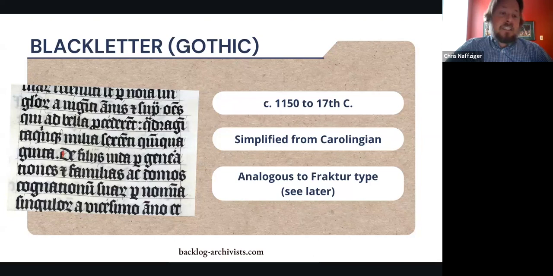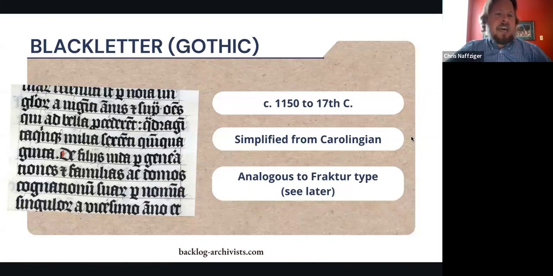So this was basically designed for the use of a quill pen and would be very easy to write very quickly. Now, this is written in Latin, so I wouldn't expect you to necessarily be able to read this unless you read Latin, but all of the letters are very easy to discern from each other.